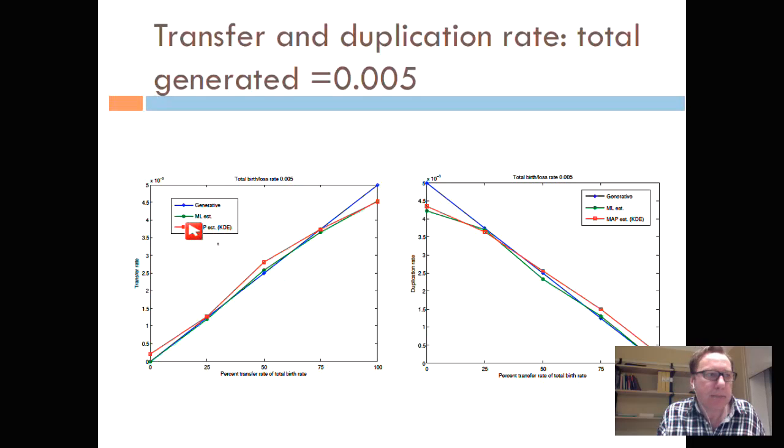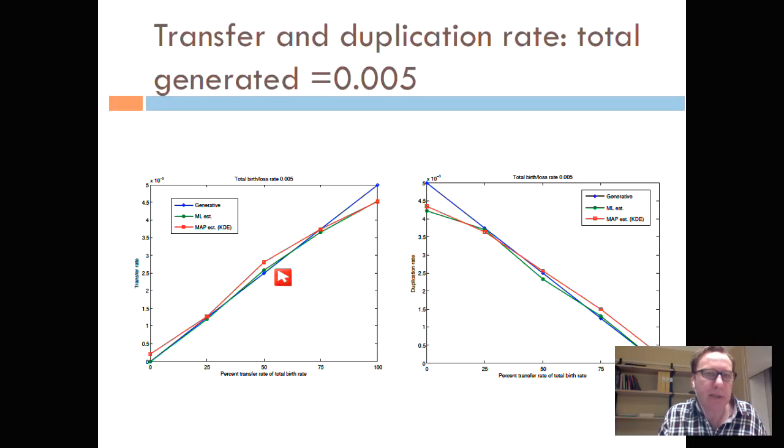The green line is a maximum likelihood estimate, but this doesn't mean that we have a maximum likelihood method, and it certainly doesn't mean that we have a maximum likelihood method that is doing better than our Bayesian method, which is the red line. The red line is given the species tree and the gene sequences, while the green line is based on the method that is given the actual number of duplications, lateral gene transfers, and losses that has been used in the synthetic generation of the data.